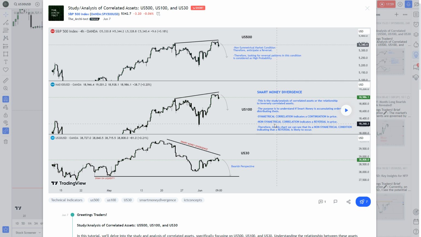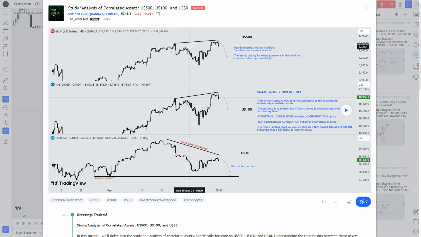Once you start to see a non-symmetrical correlation, this indicates a reversal in price. It only takes one of these. The moment you see that divergence in only one of these, you should have an understanding that you can anticipate a reversal.